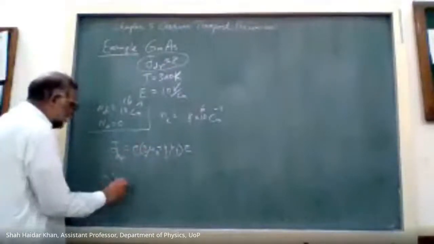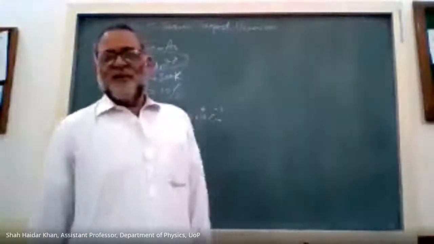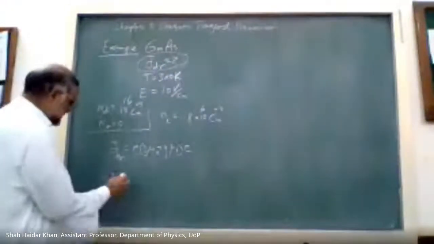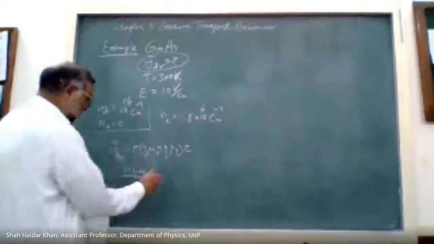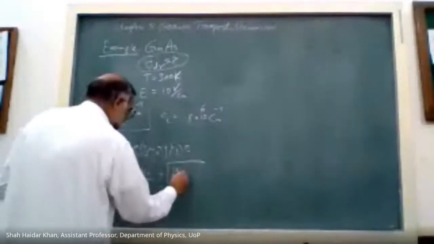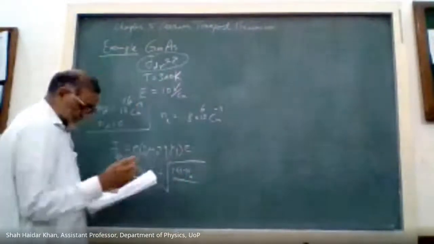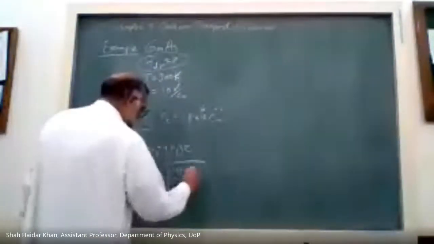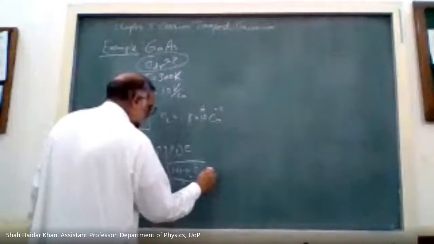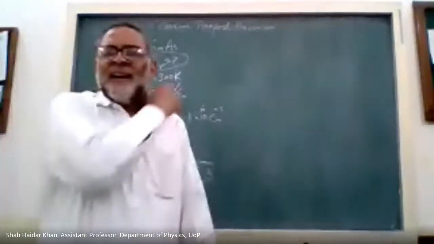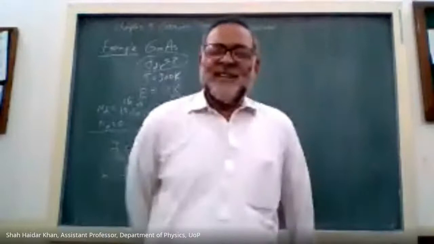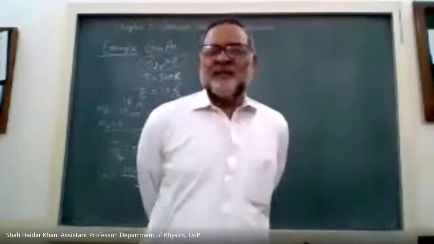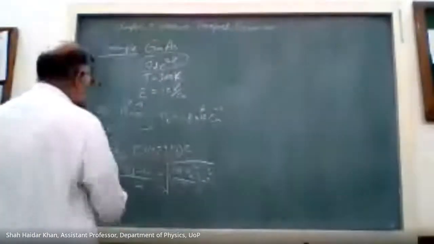So for N, we know from our previous formula for compensated semiconductors that N is equal to (ND minus NA) divided by 2 plus the square root of ((ND minus NA) divided by 2) whole square plus Ni square, where Ni is the number of intrinsic electrons, the electrons that are produced only due to thermal vibrations, thermal excitation, right? So that was the formula.